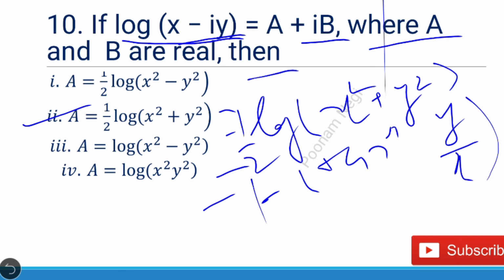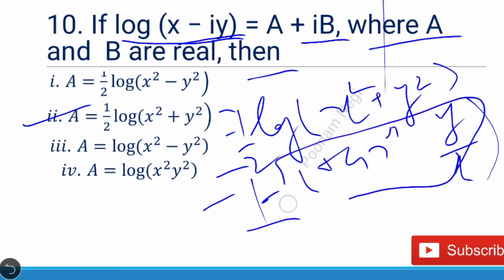Hence our answer is option number 2. If we are asked to write the value of b, then it will be equal to minus tan⁻¹(y/x).